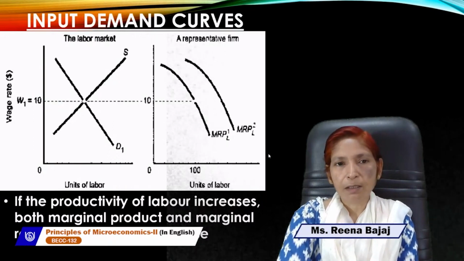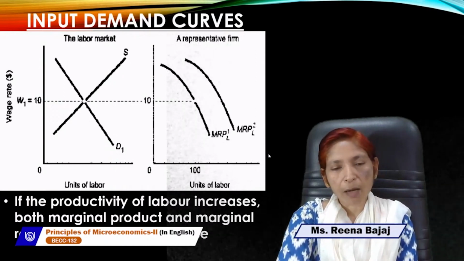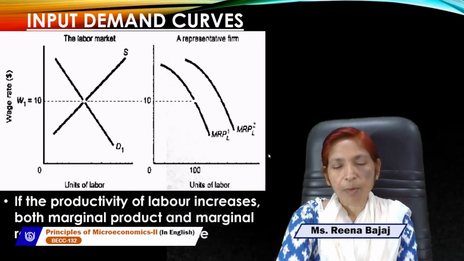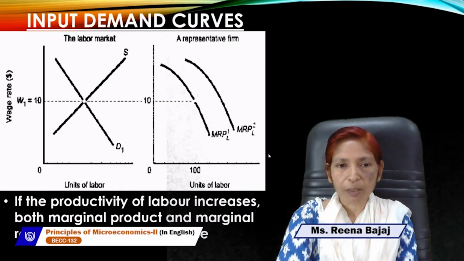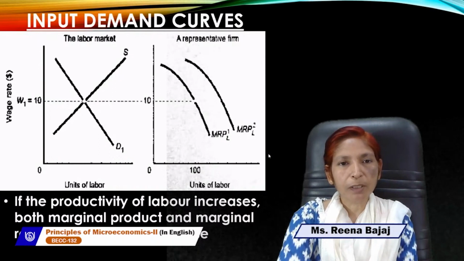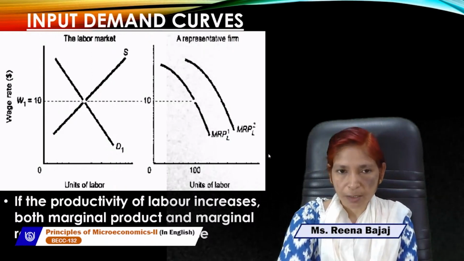And the second curve represents the firm, showing MRP. MRP is the marginal revenue product of labor. MRP 1 of labor and MRP 2 of labor curve. If we increase one more additional unit of labor, then the MRP curve will change and this curve will shift to the right hand side.